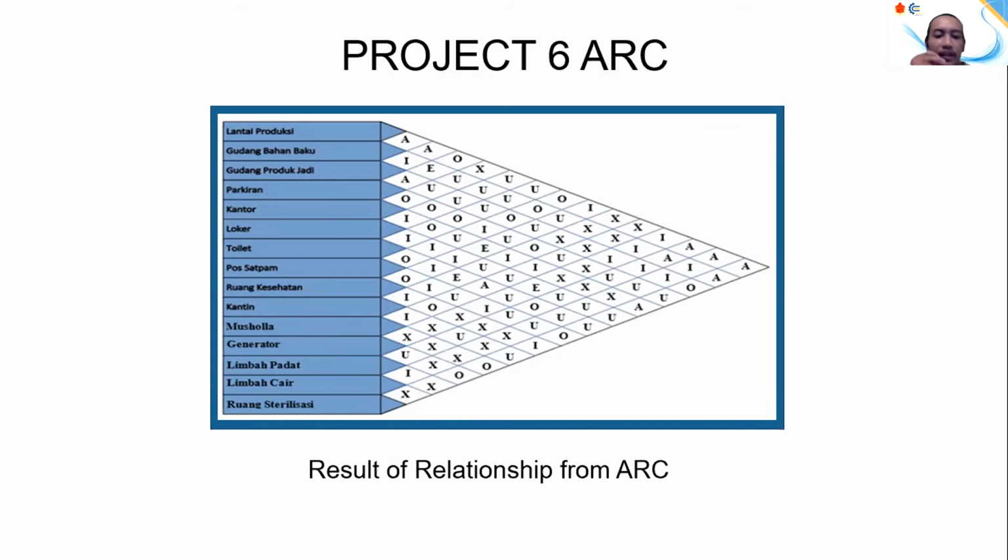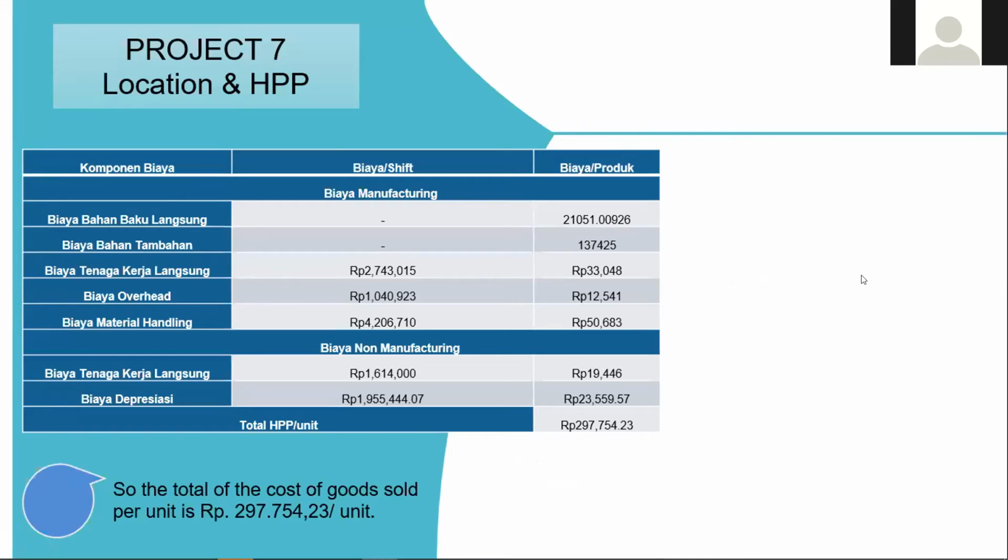sterilization room. Next, this is the cost of goods sold that we calculated. The cost of raw material is based on the raw material we use in the components. The total cost of direct raw material is 21,051 rupiah.